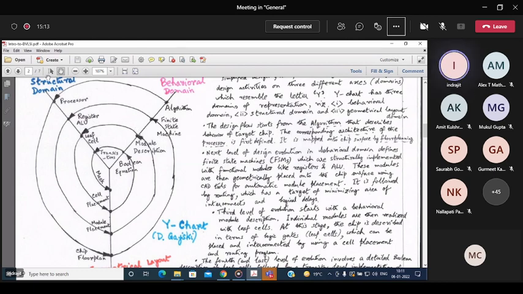Now you come back to the structural domain, the leaf cell. That means in order to implement the module, what is required. Leaf cells are normally stored in the library. These are subsystems that have already been designed, implemented and tested thoroughly, and placed in the library. So a leaf cell may consist of different units. A full arithmetic logic unit may itself be a leaf cell, or you can have the logical units.